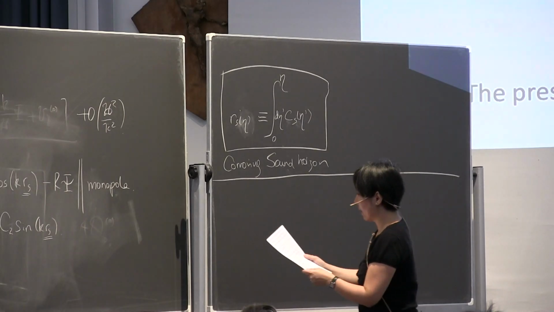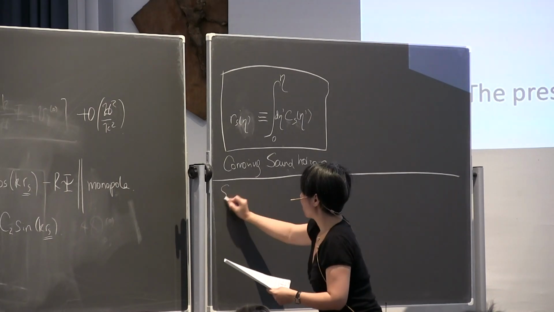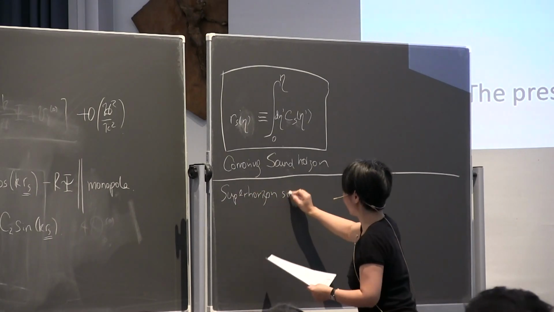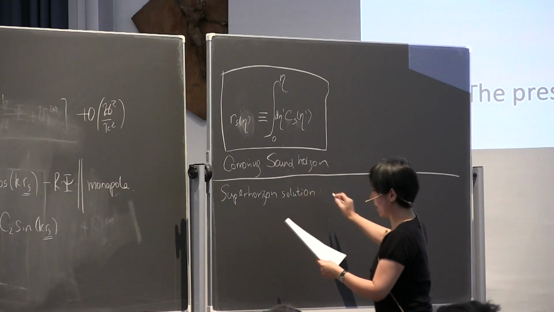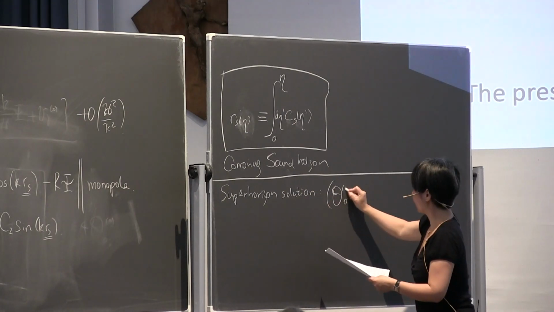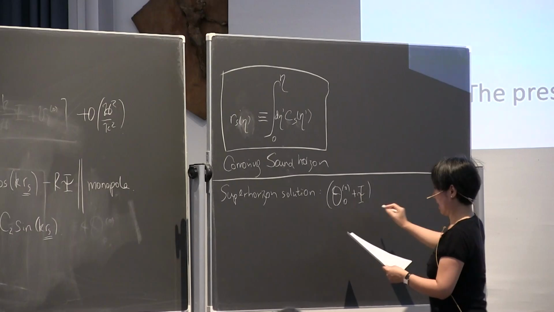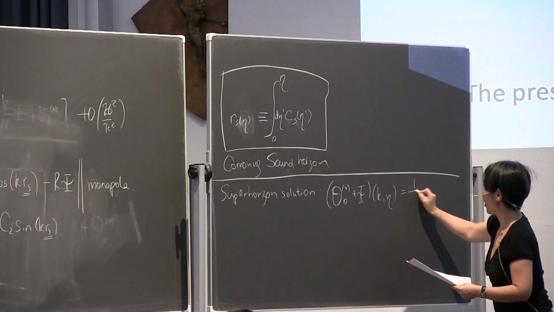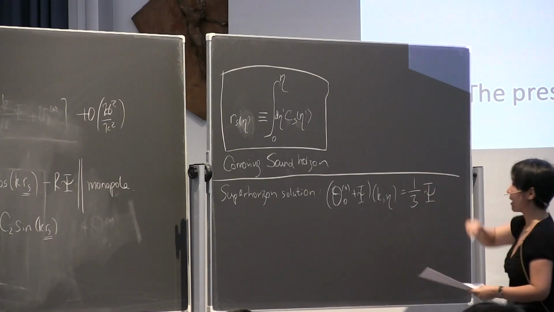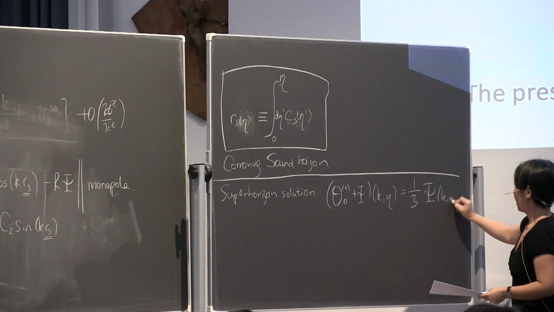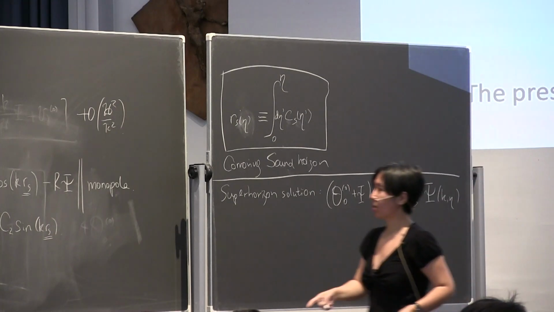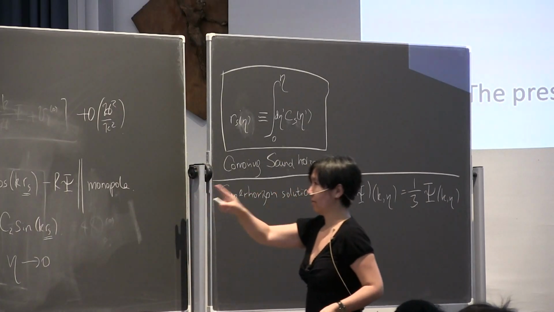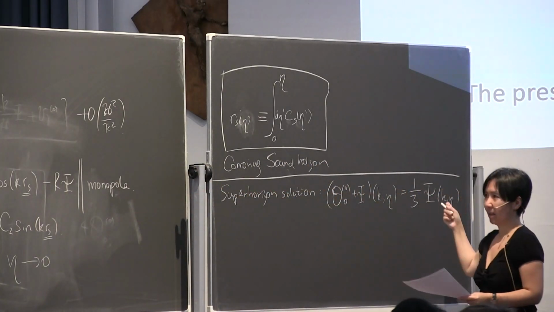So let me just write it down. The superhorizon k mode solution we saw earlier was theta naught plus psi, and then k eta, that was 1/3 times psi, right, for adiabatic initial conditions. Okay, so if I take this solution over here and let time go to 0, I should have a solution that matches this one, okay?